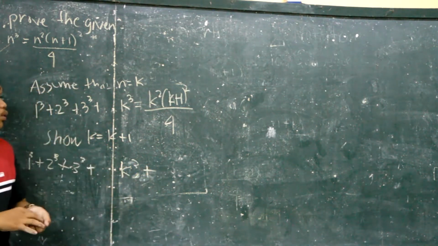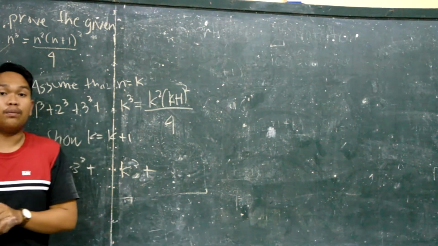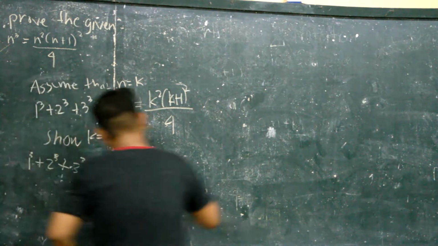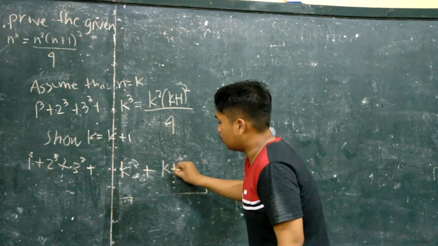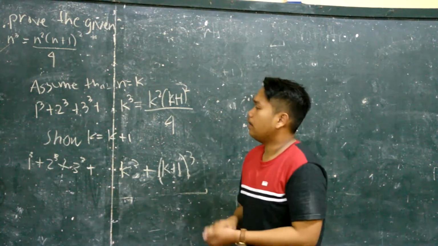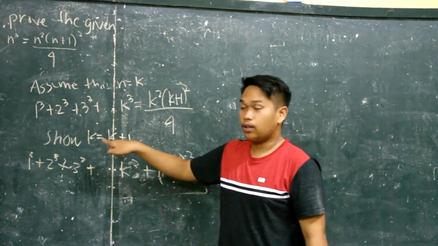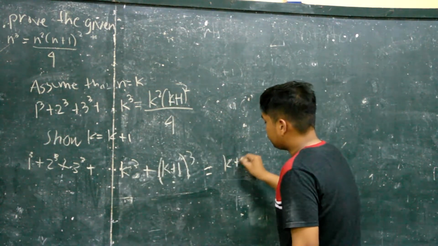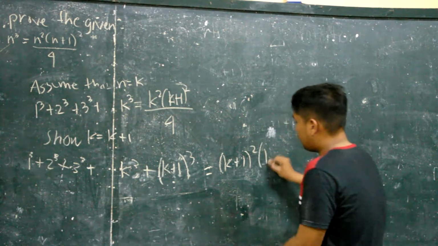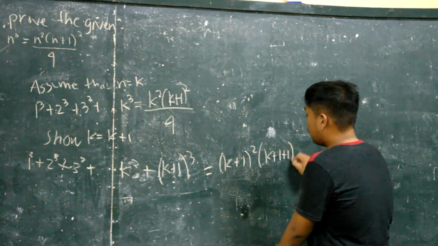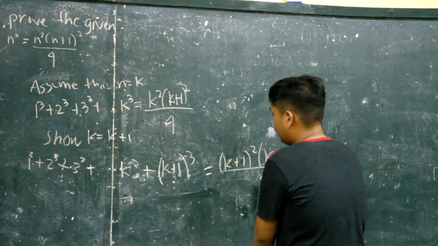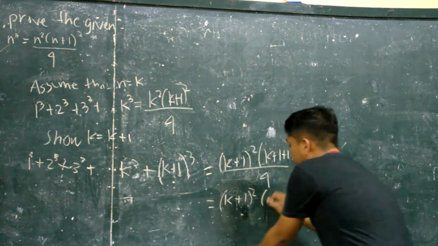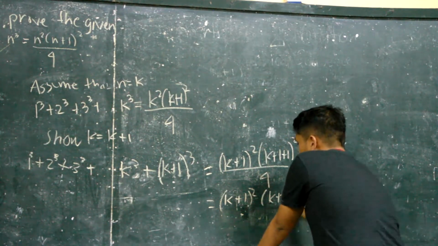And what we are going to write after k cube is the next natural number, wherein k is equal to k plus 1. So k plus 1 cubed. We are going to substitute all the k's with k plus 1, equal to k plus 1 squared times k plus 1 plus 1 squared all over 4. So this is simply k plus 1 squared times k plus 2 squared all over 4.